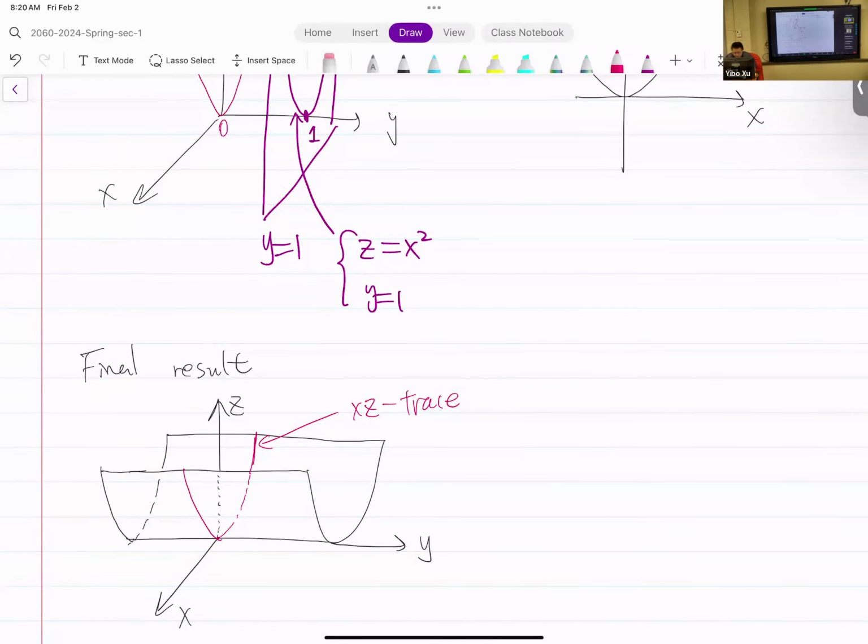So we just call it the trace on the XZ plane, which is the intersection of the surface with the XZ plane.